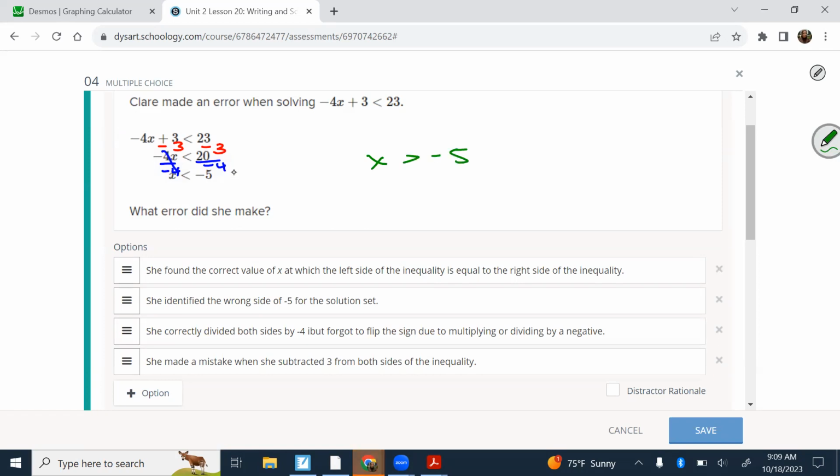So the one that mentioned that, she did find the correct value of x. She correctly divided both sides by -4. There's a typo there, but she forgot to flip the sign due to multiplying or dividing by a negative. So yeah, that one. Let me make sure it's marked right and I'll fix that typo too.